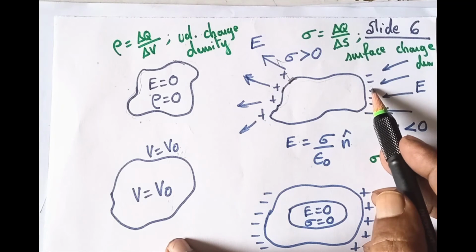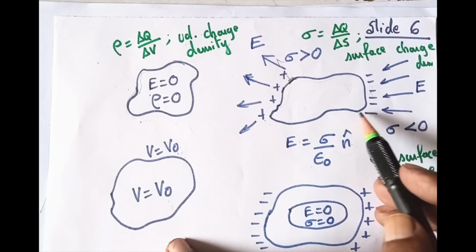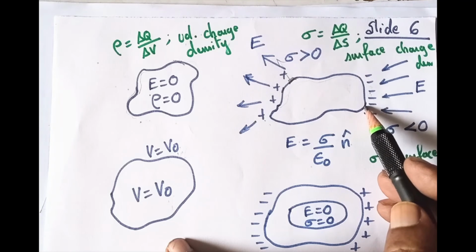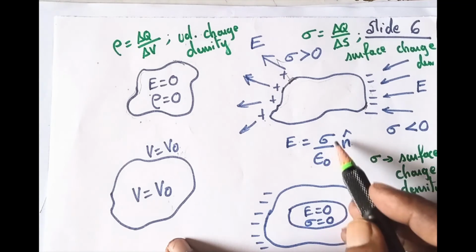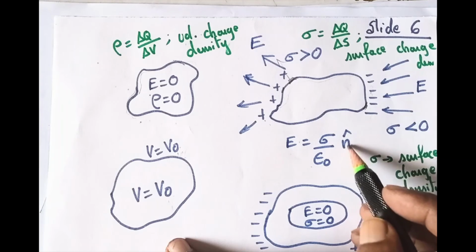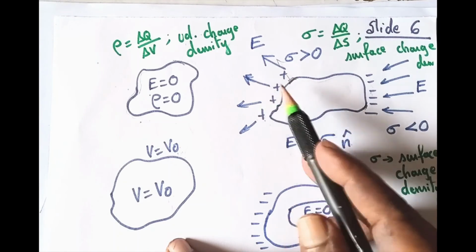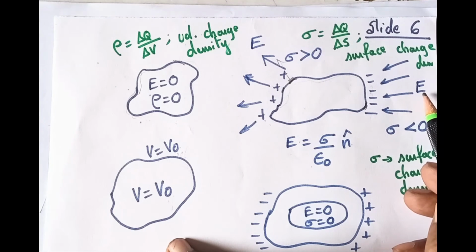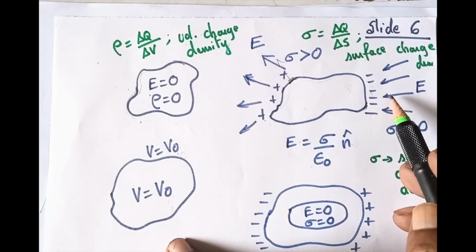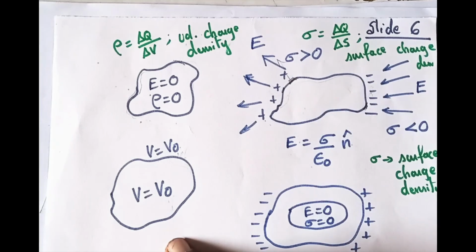Now if it is negative charge, the electric field is directed inwards, and that is also perpendicular to the area vector of the surface. Therefore, the electric field E is equal to sigma divided by epsilon naught n cap. So, sigma greater than 0, the electric field is directed outside. Sigma less than 0, the electric field is directed towards the inside, towards the surface of the conductor.